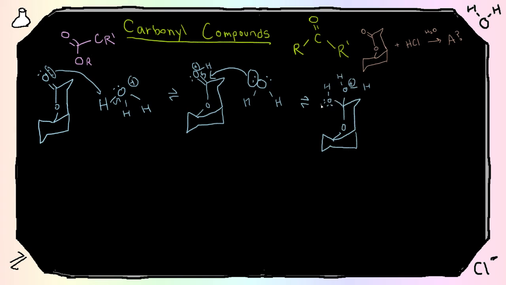So now this oxygen and this carbon don't have any charge on them, but this oxygen now does. So what will happen is that another water will come in and take that hydrogen, and this bond will pop back onto this oxygen.